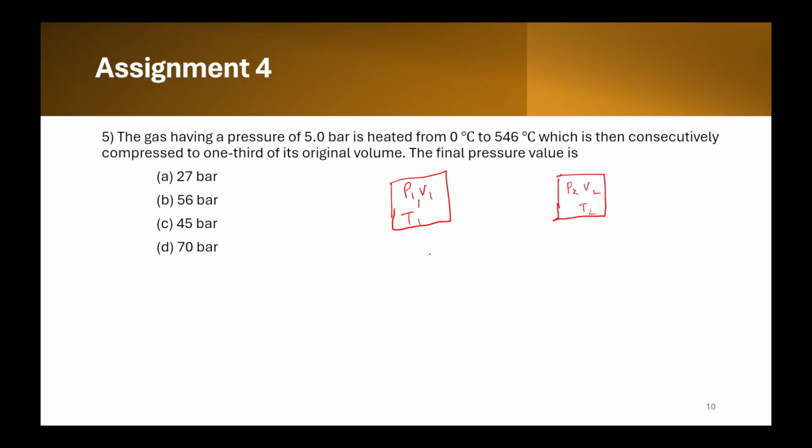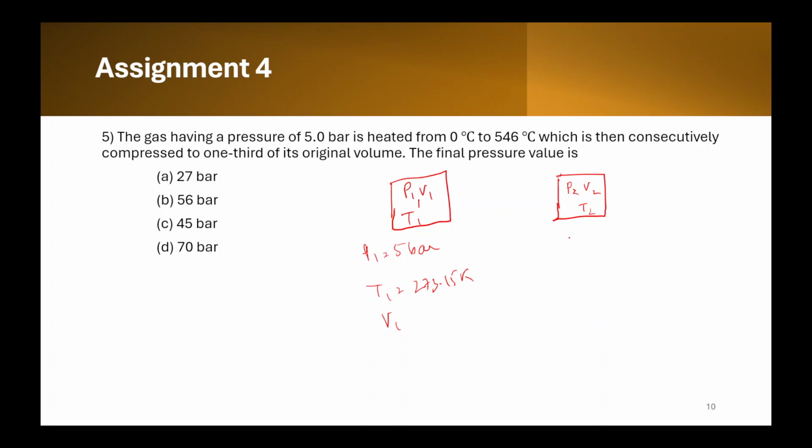We know P1 as 5 bar. We know the initial temperature as well, T1, which is 0 degree Celsius or 273.15 Kelvin. We do not know V1, so we'll write it as V1.